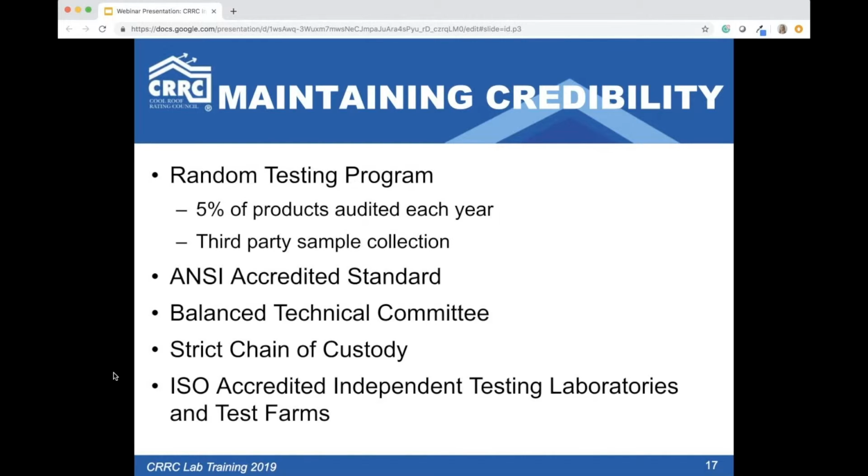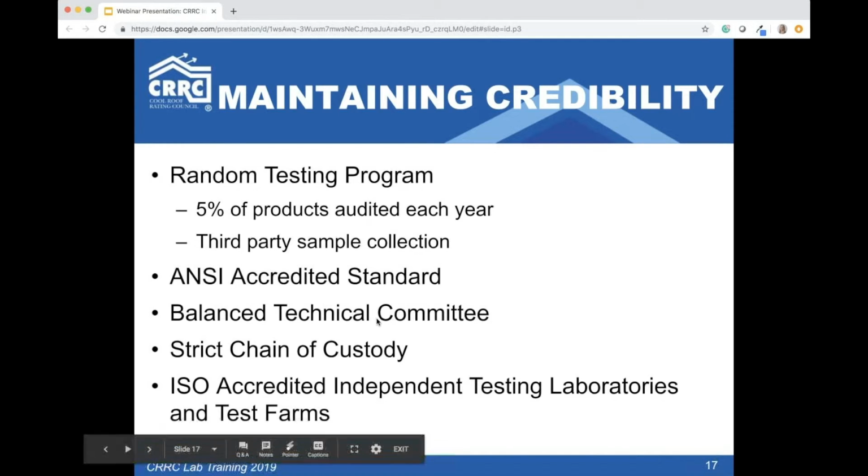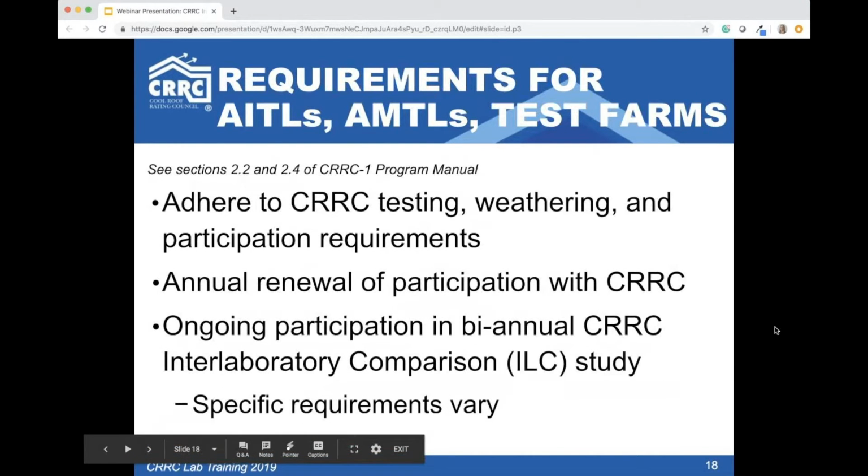So things are really handled by the independent test lab and the test farm as soon as it leaves the licensee, just to make sure, again, that there's no tampering with samples, things like that. And lastly, as I have mentioned, our AITLs and test farms have to be ISO accredited. So that's another way that we make sure that our program has credible information.